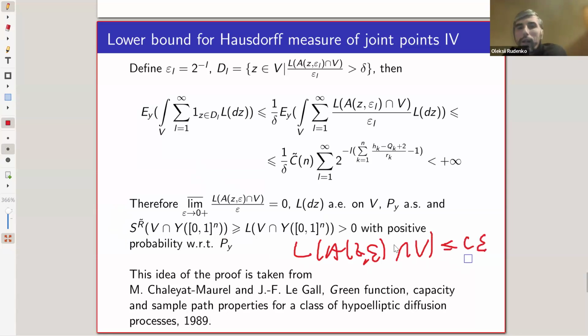And this actually compares the measure of this set with the corresponding Hausdorff dimension of the set, because if we sum these measures, we obtain the measure of the set. And if we sum this, we obtain an estimate for the Hausdorff measure because of the definition of Hausdorff measure. This is, again, a standard argument, and that is why it is not explained here in more detail.